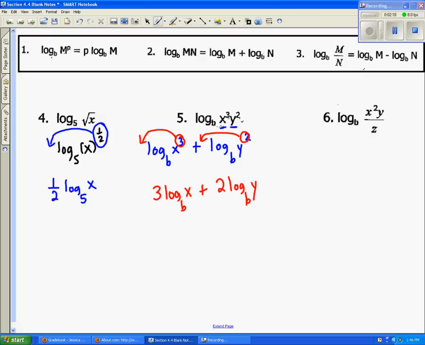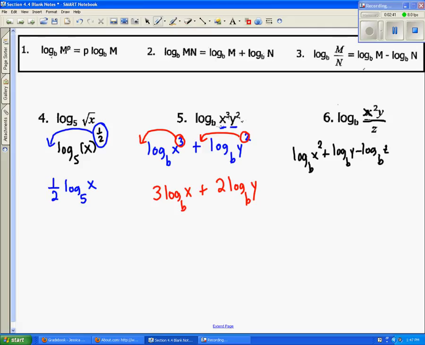Likewise in number 6, the numerator is multiplication, so log base b of x squared plus log base b of y, that's because of multiplication. Now the z is division, so I'm going to do subtraction for log base b of z.